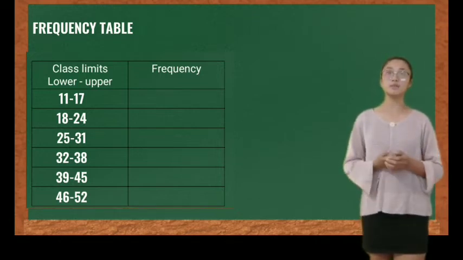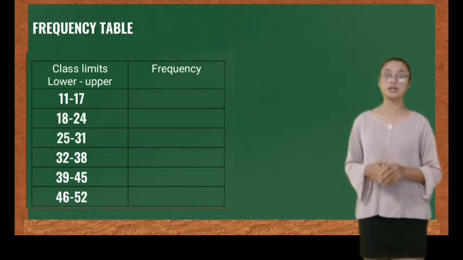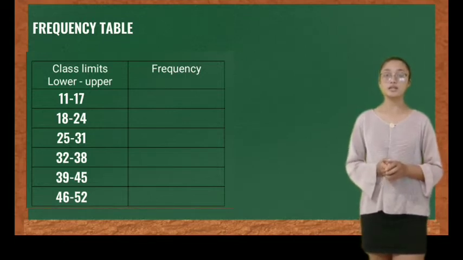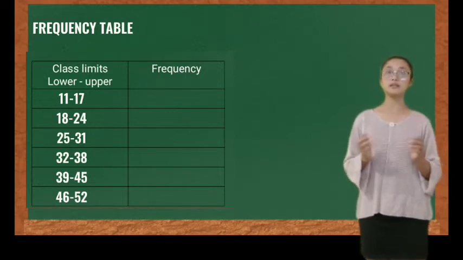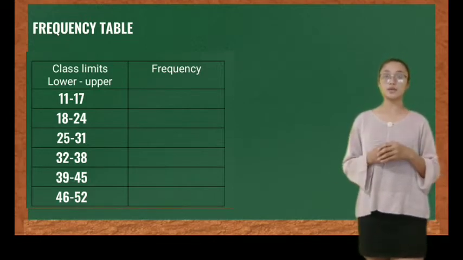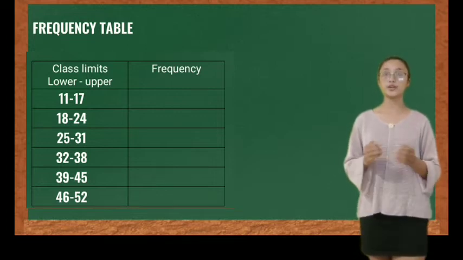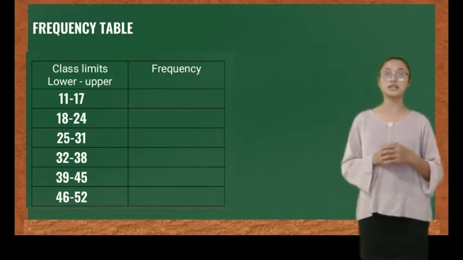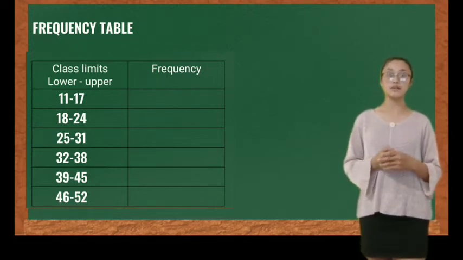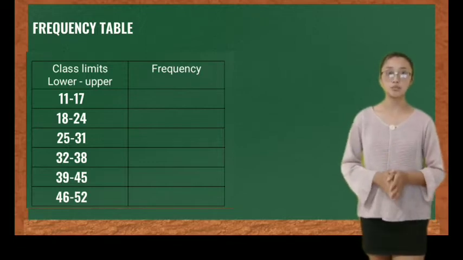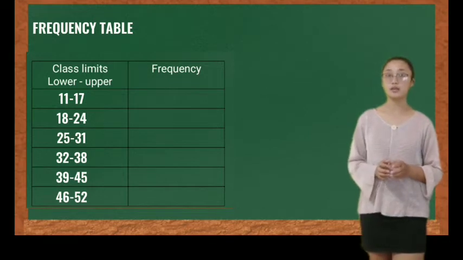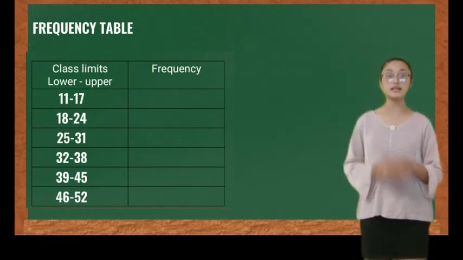The first group starts at the lower class limit value, which is 11, and we count from there. The values of the first group are 11, 12, 13, 14, 15, 16, and 17. That makes 17 the upper limit value of the first group. The next number after the upper limit of the first group will be the lower limit of the next group, and that is 18.